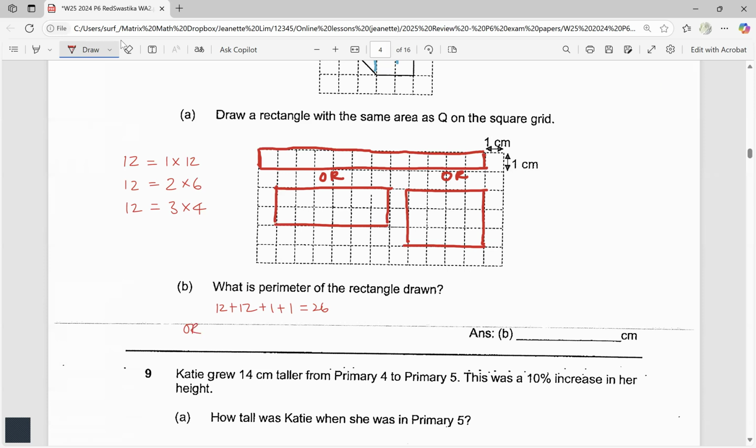The second one would be 6 plus 6 plus 2 plus 2, which is 16. The last one will be 4 plus 4 plus 3 plus 3, which is 14. So your answer can be 14 or 16 or 26. Three different answers are acceptable. Of course, the perimeter must correspond with the correct rectangle that you draw.